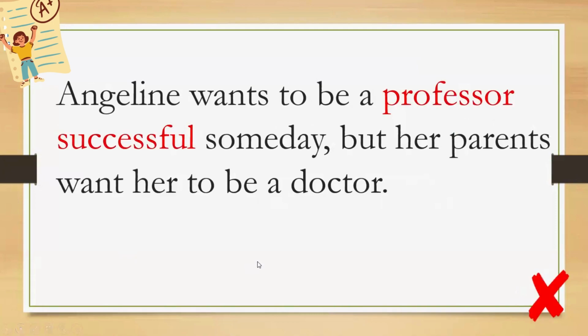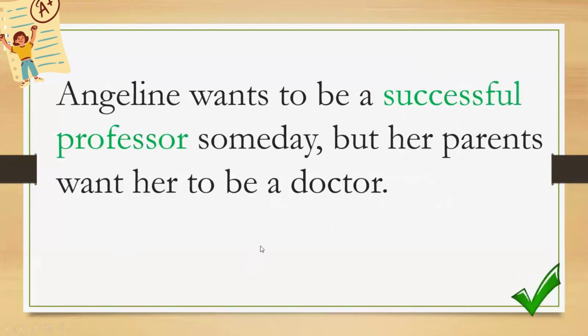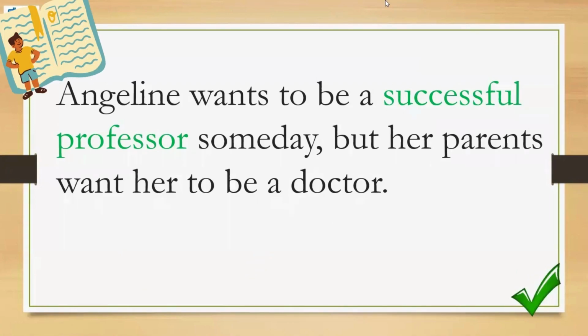The answer is wrong. Angeline wants to be a professor successful. So you have here professor successful. What's wrong with professor successful? The two words are arranged in the wrong order. It should be successful professor someday.